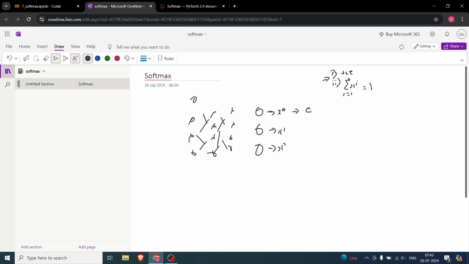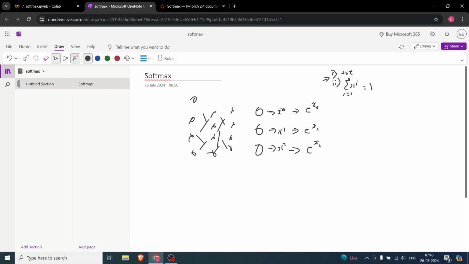So the function that we use is, we say we will exponentiate it. So we'll say e to the power x of 0. In order to make it positive, I have to say e to the power x of 1, and in order to make this positive, you have to say e to the power x of 2.